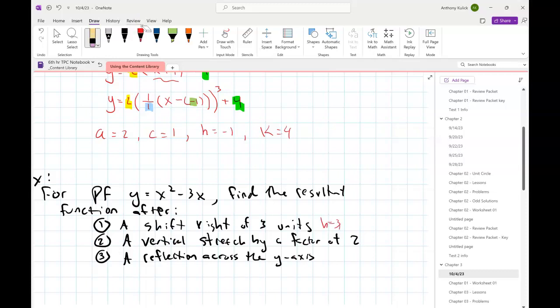So if nothing is happening with K, since it's being added, K should be 0. And since nothing is happening with A or C, but those are being multiplied, those should be 1, right?